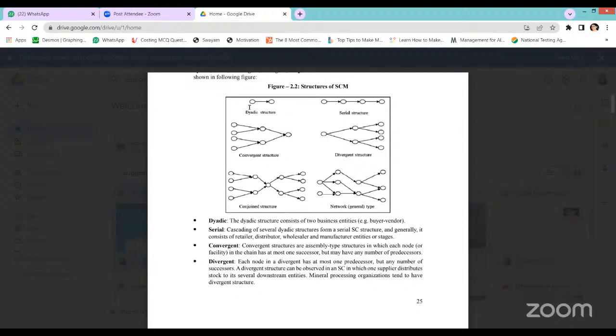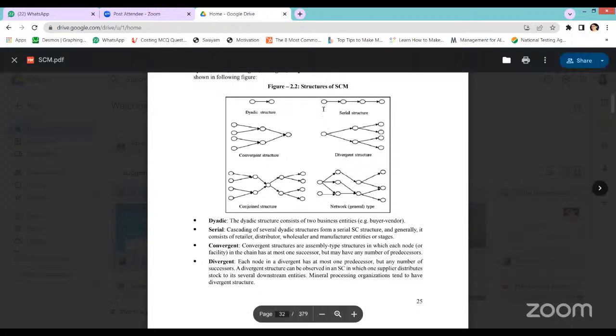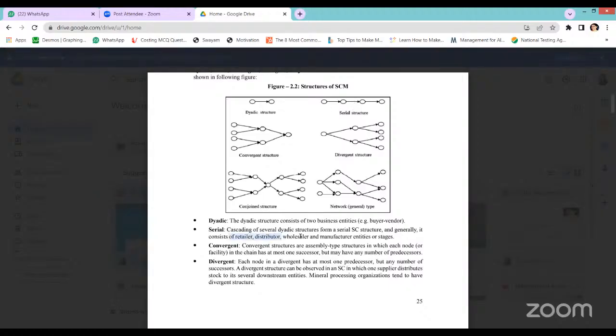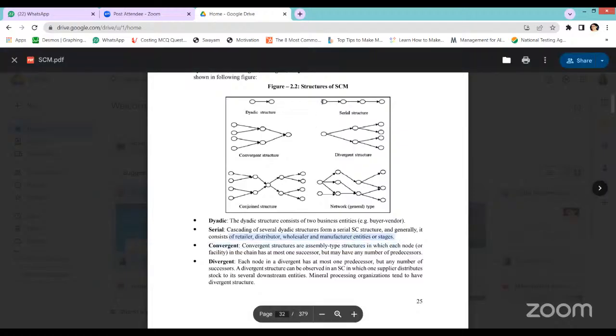That's it, only two in this structure. The next one is the serial structure. A serial structure is a kind of traditional structure that involves a manufacturer, wholesaler, distributor, retailer, and final consumer as entities or stages. That is called the serial structure.